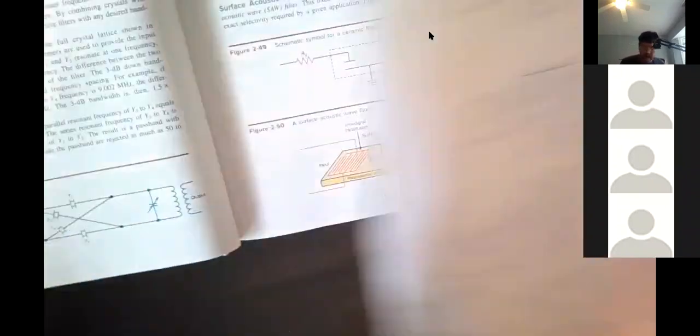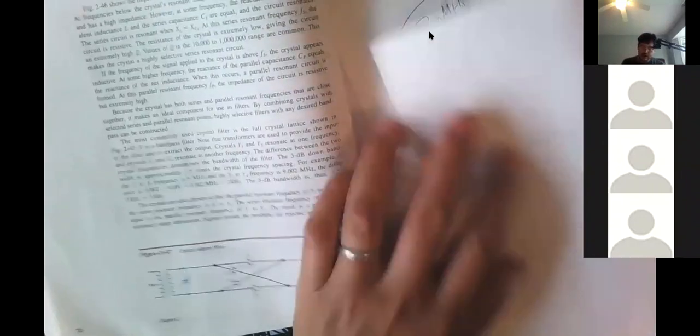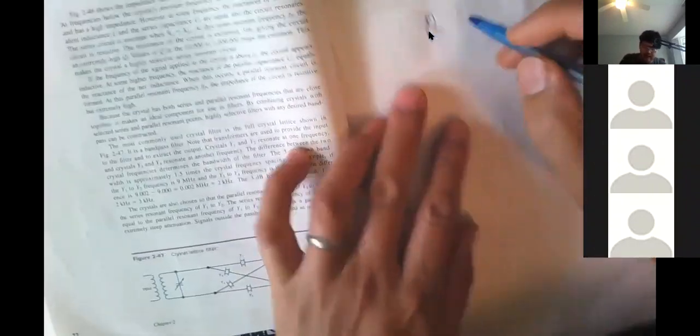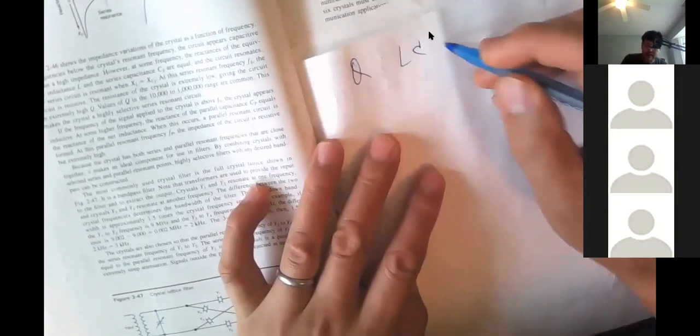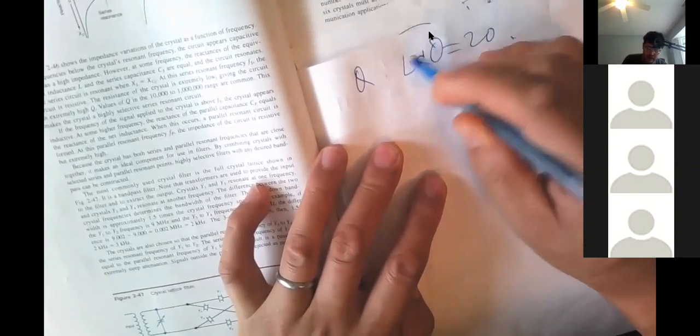Not only can these crystals be used as oscillators, the crystal is also an excellent bandpass filter. If we use this crystal as a bandpass filter, what is the quality? We say the quality of a typical LC filter is 20, Q equal to 20.